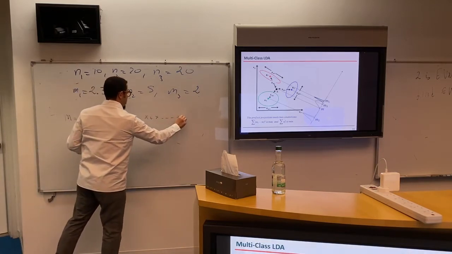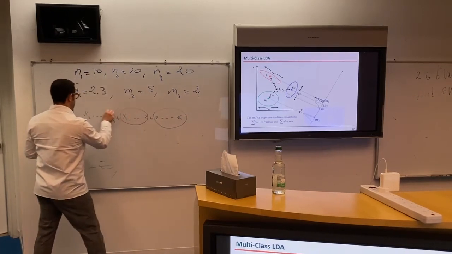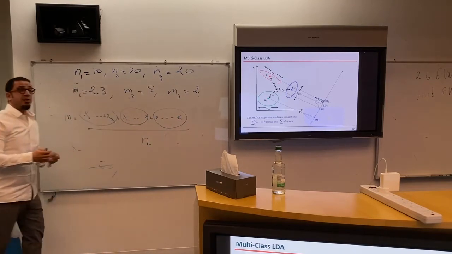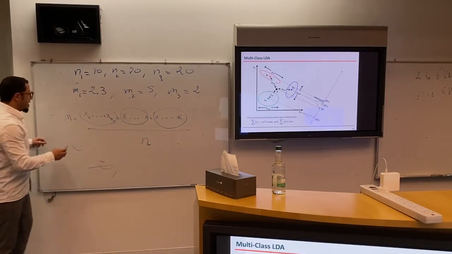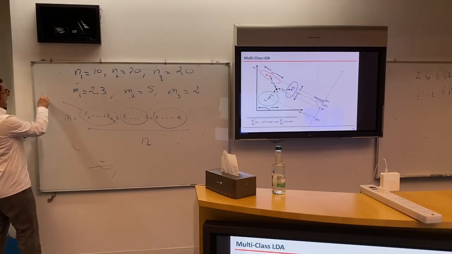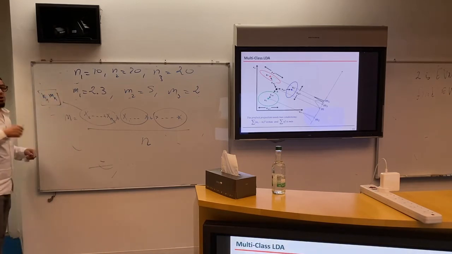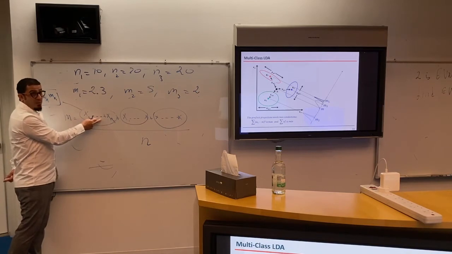This is class 1, this is class 2, this is class 3, divided by all possible outcomes, n. What is this here? This is n1 times m1, because m1 is the sum of this divided by n1.